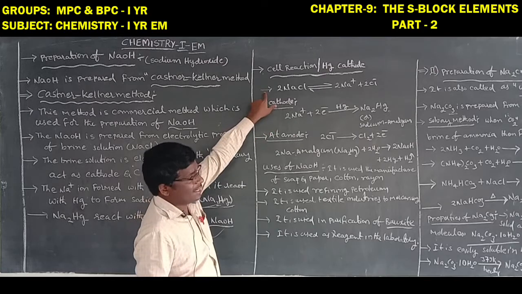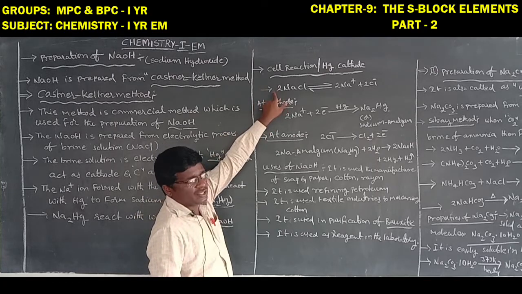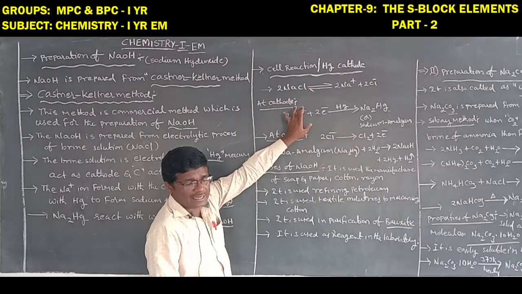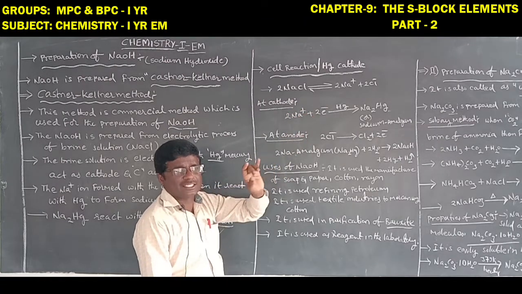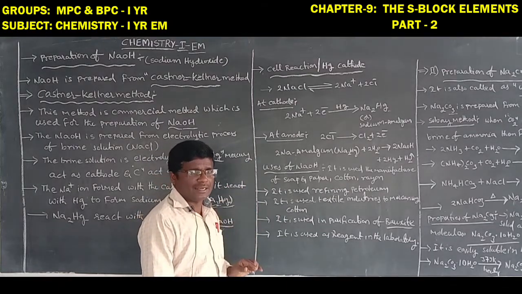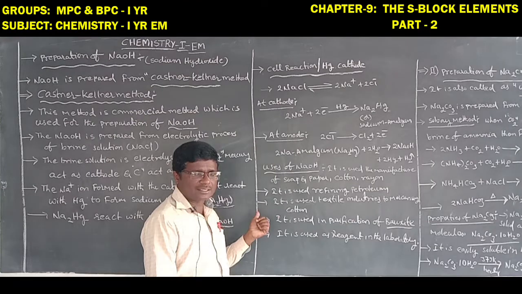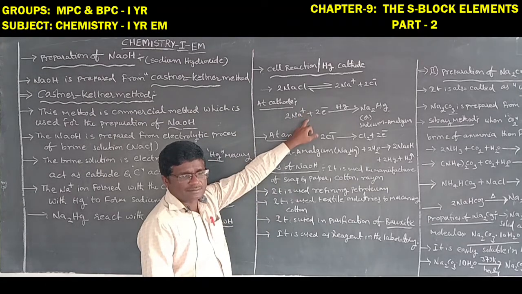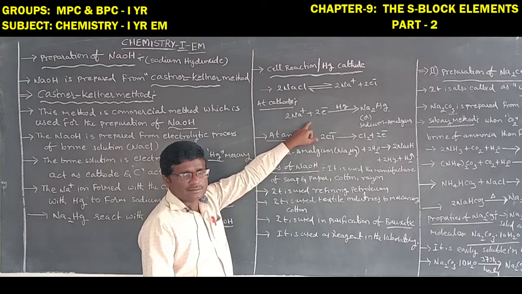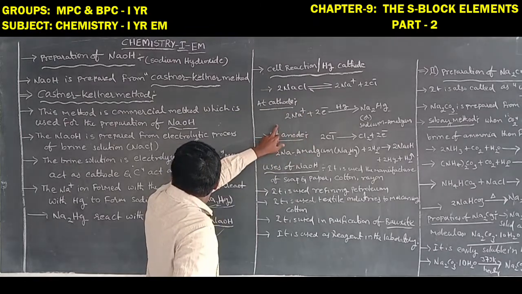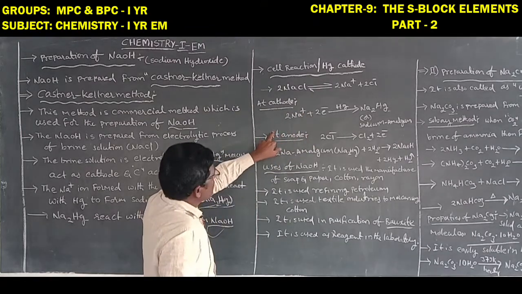In this cell reaction, brine solution is passed through the electrolysis process. In this electrolysis process, mercury acts as the cathode and carbon acts as the anode. Sodium amalgam and sodium hydroxide are formed by the electrolysis of brine solution.